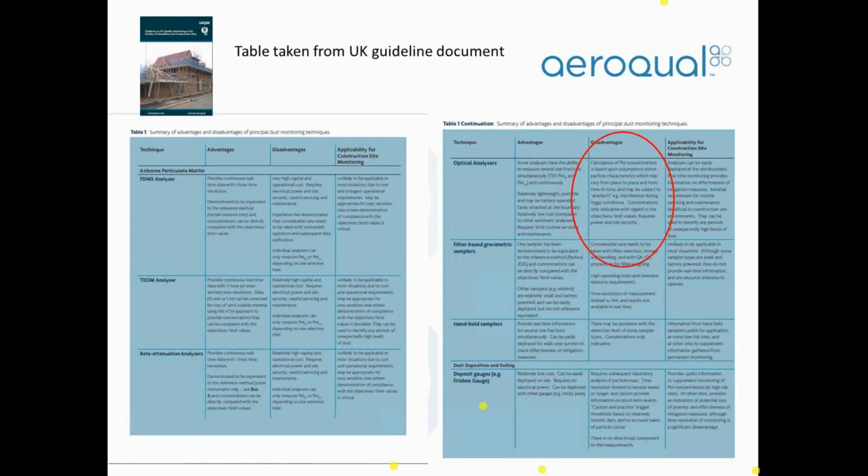The disadvantage is described here, that the calculation, and notice this is calculation of PM concentrations, because it's not a direct measurement of mass. So we are calculating mass based on a laser interaction. They say that the calculation of PM concentrations are based upon assumptions about particle characteristics, which may vary from place to place and from time to time, and may be subject to artifacts.